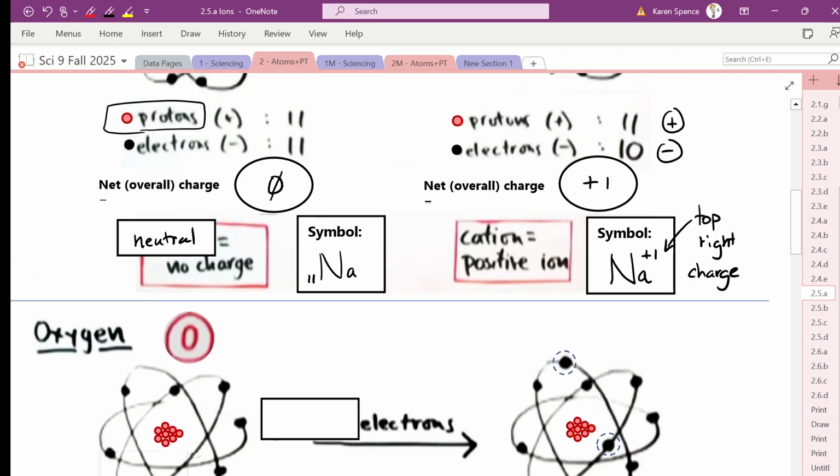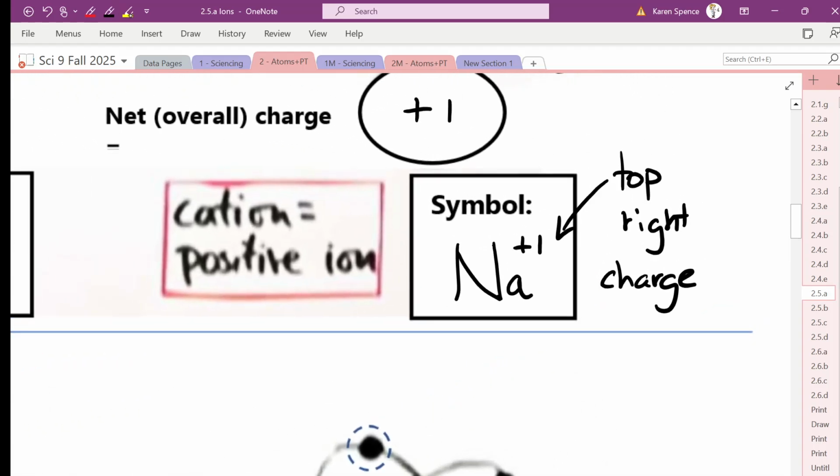Now, this is a positive ion. It has a positive charge. Ions that have a positive charge are called cations. When people look at that word for the first time, they're like, cation. But it's not cation.